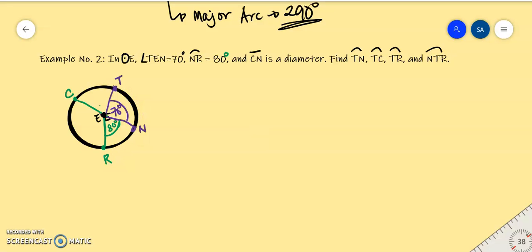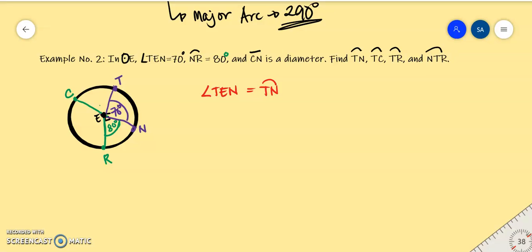So let's find first arc TN. We know that arc TN is formed from the central angle TEN. Okay? So our central angle TEN is equal or congruent to arc TN. Why? Because arc TN is found inside our central angle TEN.